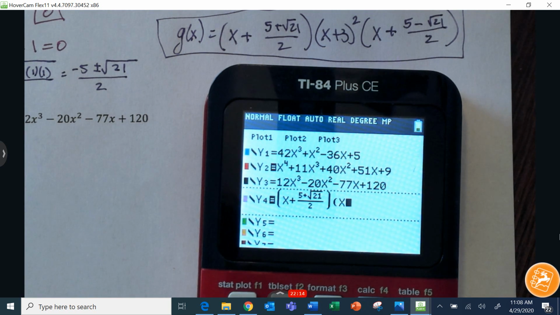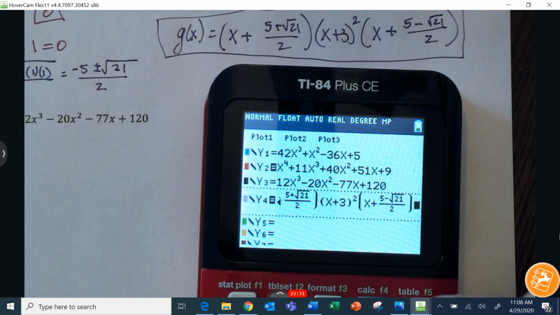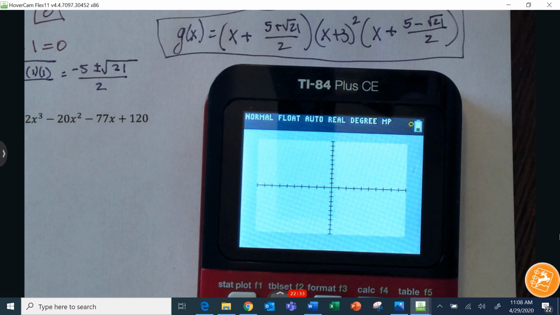Plus 3 squared. And then all right, so fingers crossed these are the same. And if they're not, then you guys get to help me figure out what I did wrong.